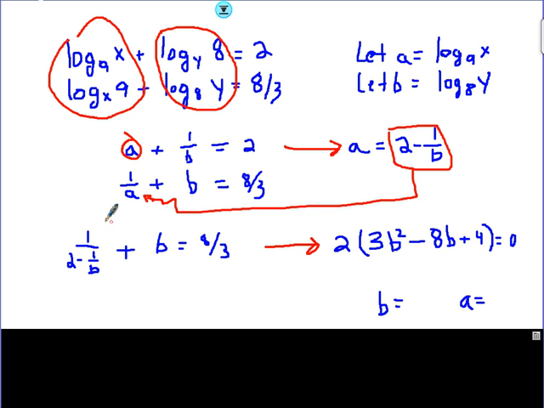Because it's a quadratic, you're going to end up with two different b's.